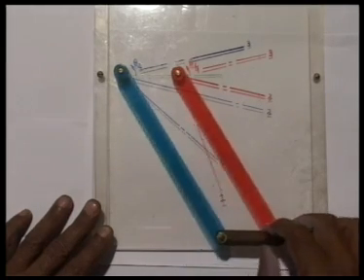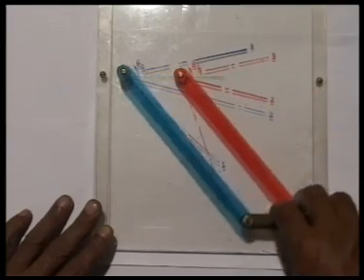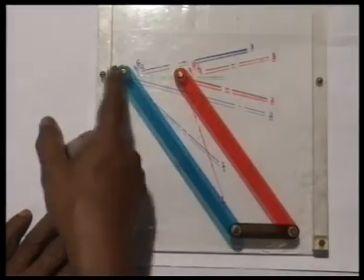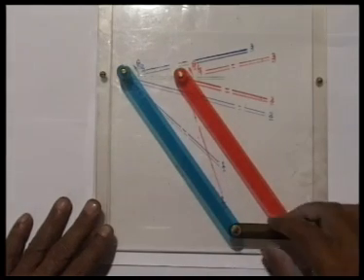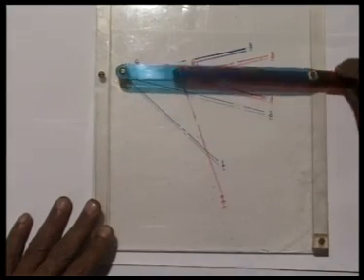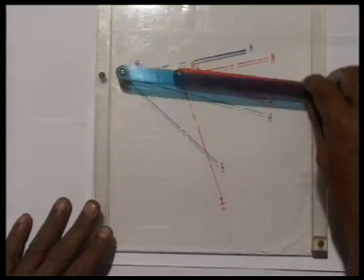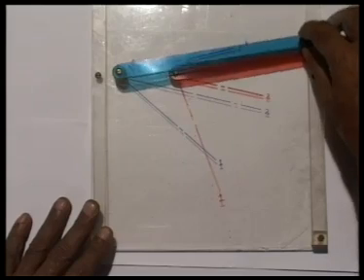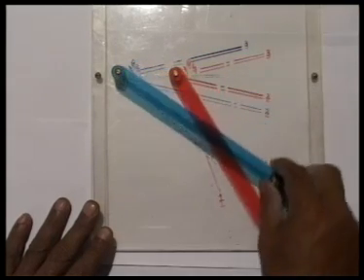In this case, we have a transition linkage because L1 plus L2 is L3 plus L4. That sum of these two link lengths is same as the sum of these two link lengths. So we can go from this uncertain configuration either to parallelogram configuration or to anti-parallelogram configuration.